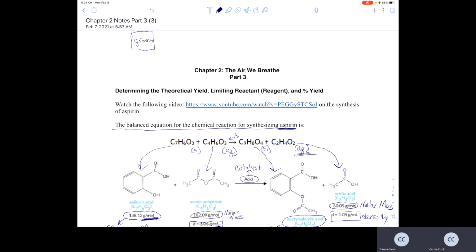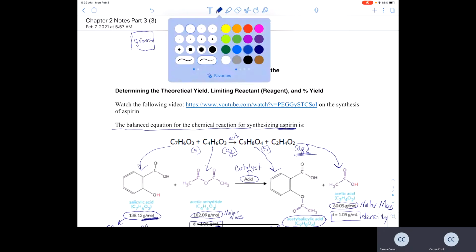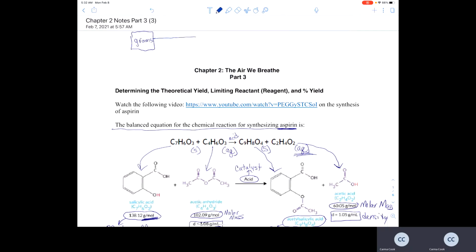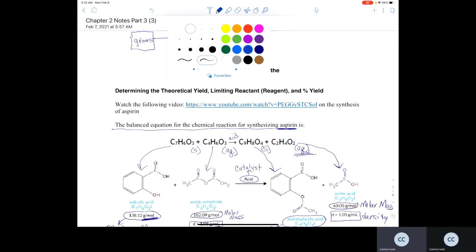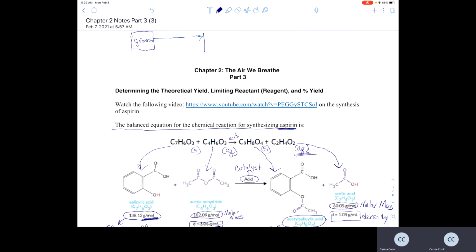And so we'll draw us a little flow chart here. So if I want to convert grams to moles, I divide by the molar mass.